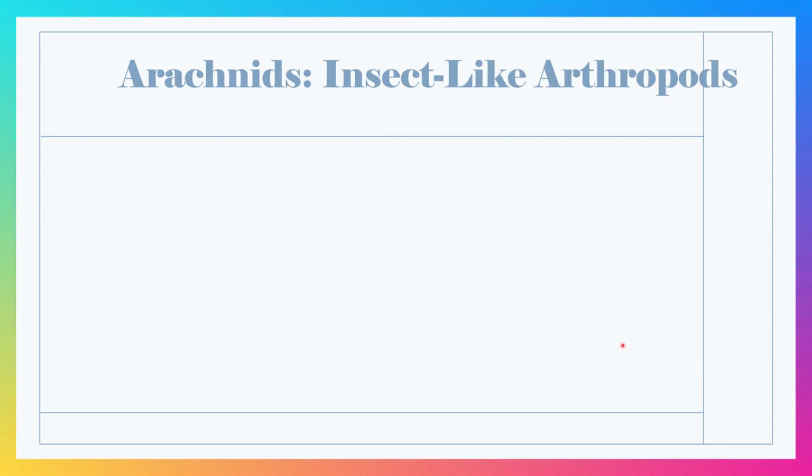Now, with that review of the types of insects, we're going to move to a completely different group, the arachnids. The arachnids should never be called insects because they're not insects. They're a distinct group that look like insects. They're arthropods, but they are not insects.